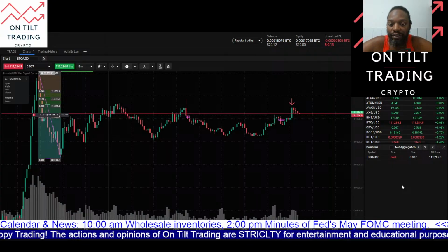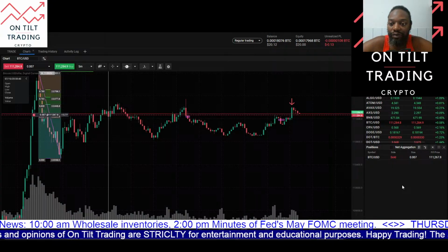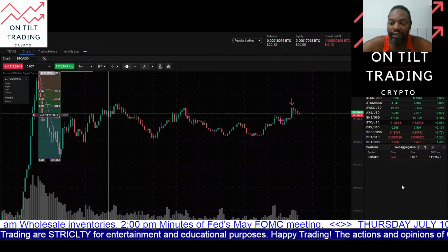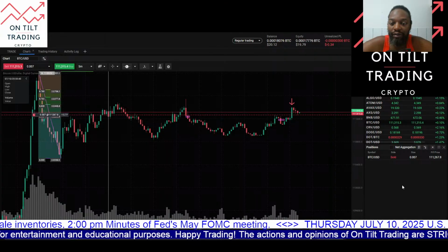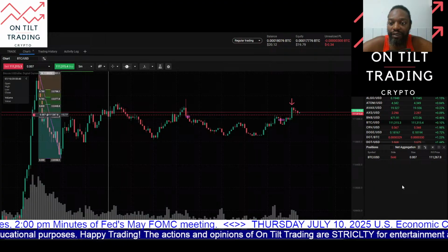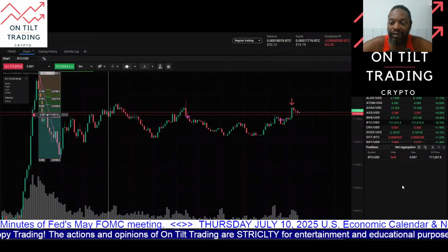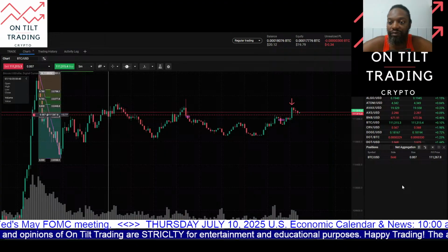To continue this lower highs and lower lows price delivery, and now buy side delivery with speed, price trading above the 111,300 level at 111,315.3.